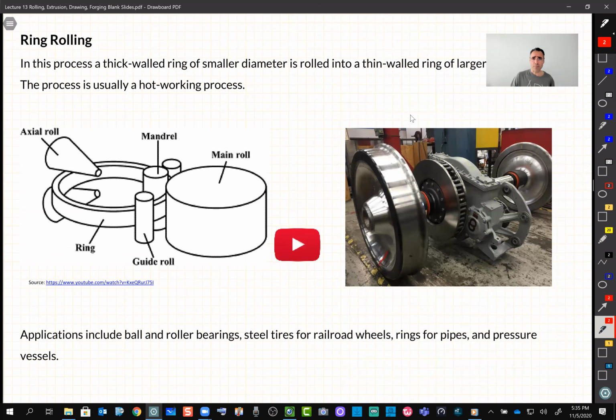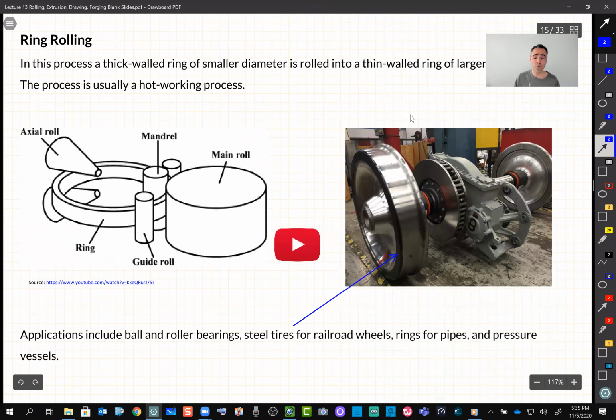And another subtopic of rolling is ring rolling. And ring rolling, again, is very common. Without ring rolling, making the railroad tires, like here, steel railroad tires, is almost impossible because we want very strong steel tires for a train.